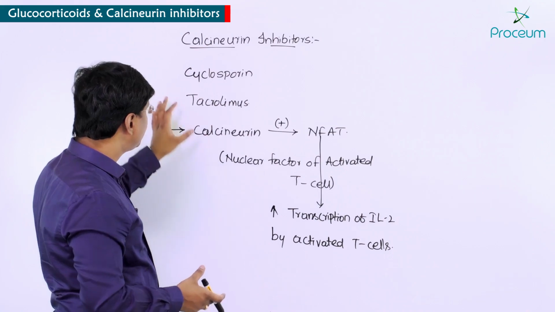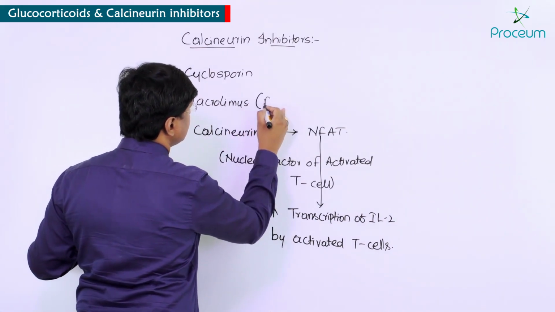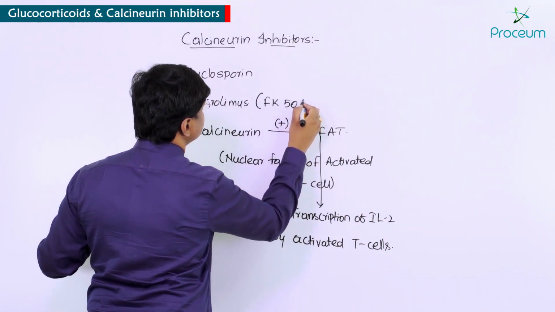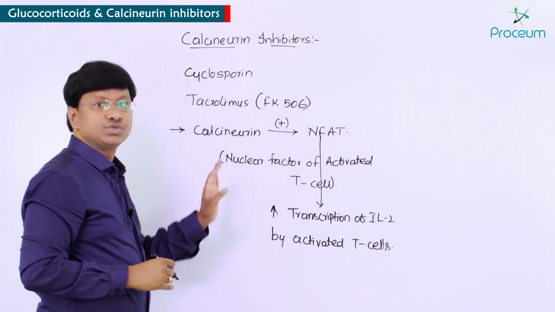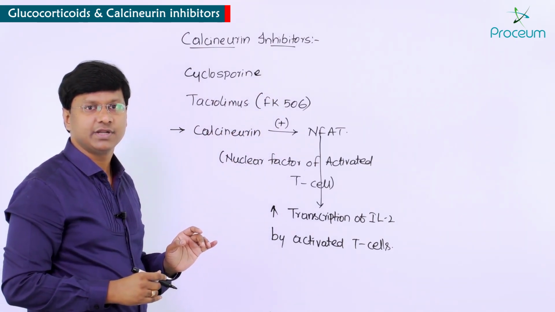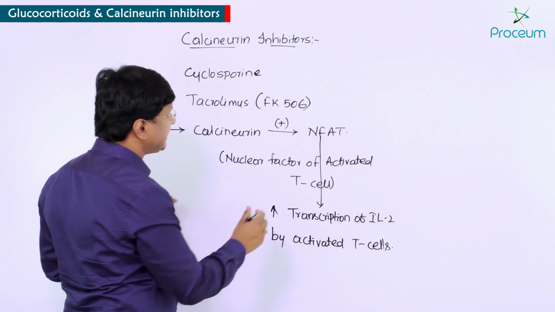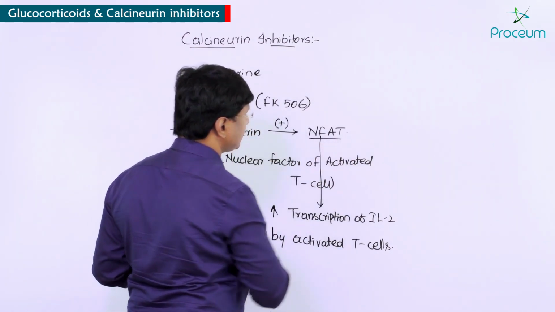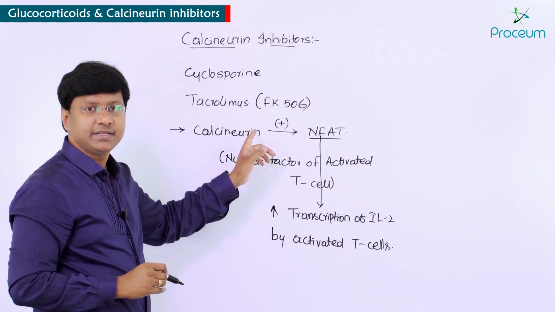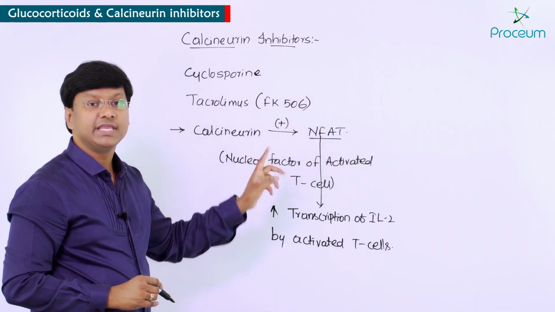Now, whenever you give cyclosporin or tacrolimus, which is also called FK506, these drugs will inhibit the activation of NFAT by binding to the immunophilins.